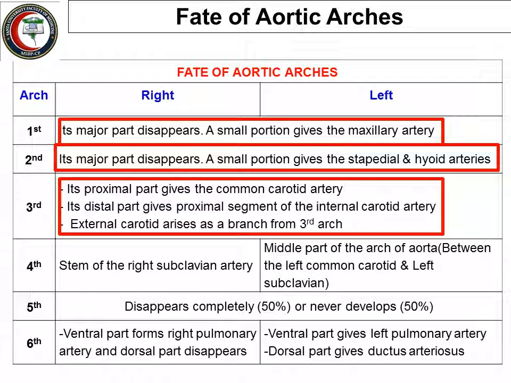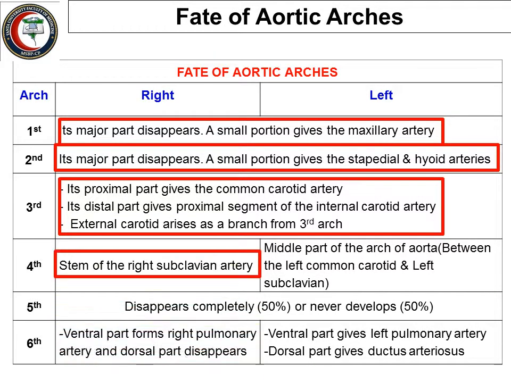What about the distal segment of the internal carotid? Let us remember it is from the dorsal aorta, but above the third arch. And the external carotid artery arises as a separate new branch from the third aortic arch.